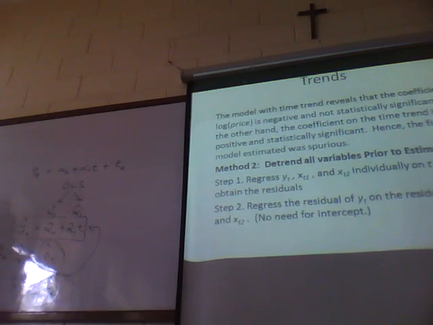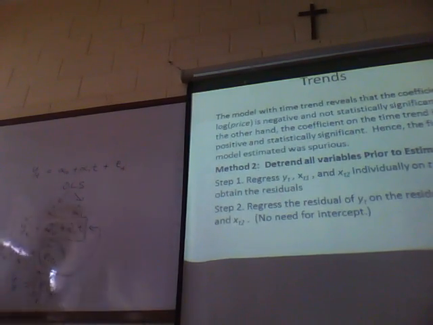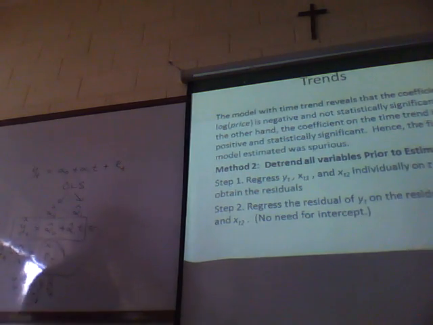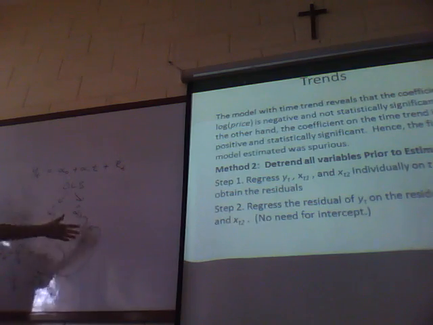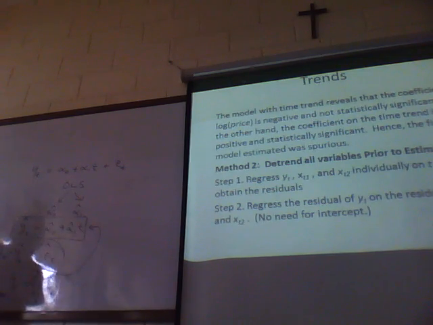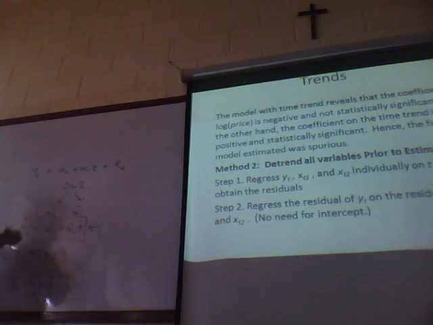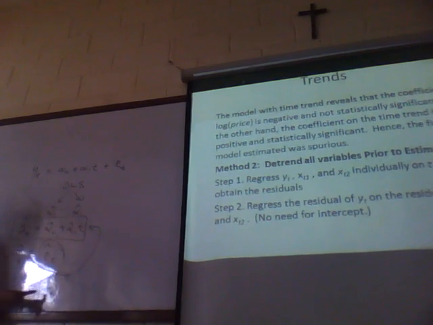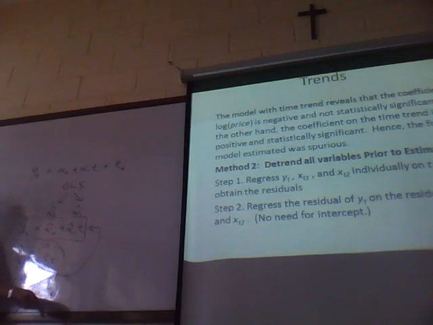So what we're doing when we are detrending, to detrend means to remove the trend, means I don't want that part of y that is a function of time. So I don't want this. Therefore, if I don't want that, then I'll just use that. See?